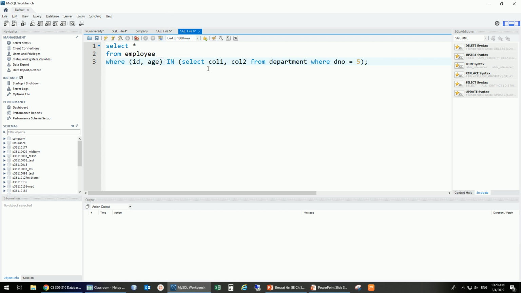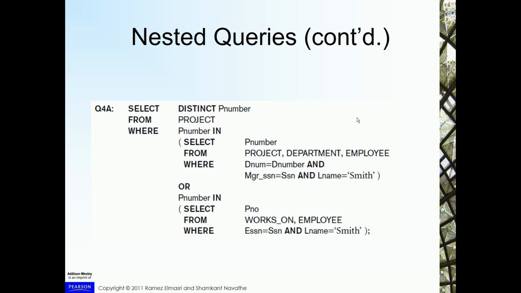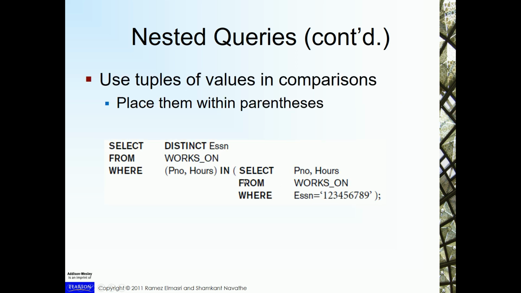So this is the in or not in, the same thing, and this will allow you to have a lot more advanced queries, and sometimes these are the type of queries that you might want to work with. This is the example when you have more than one column. Of course you have to have the exact same number in the inner query as in the condition.